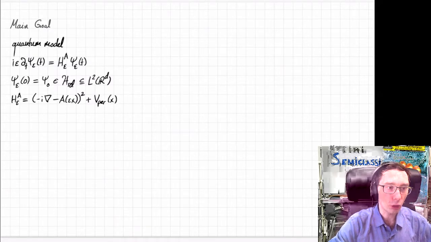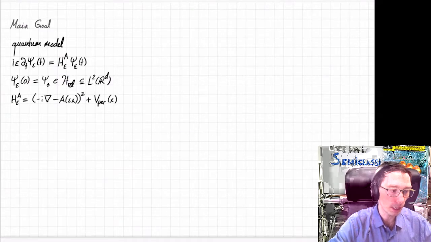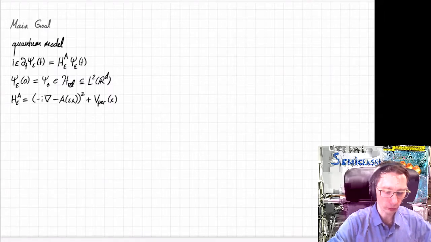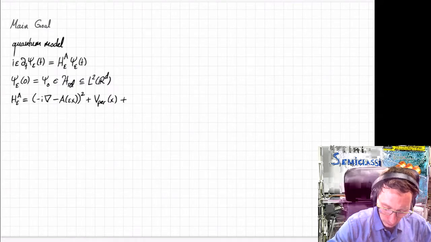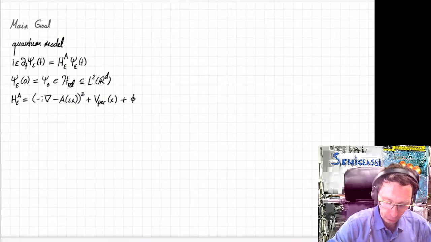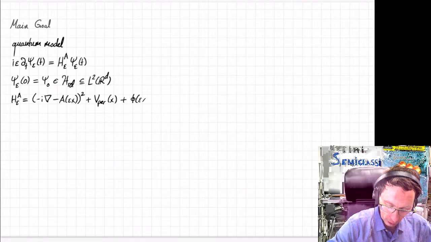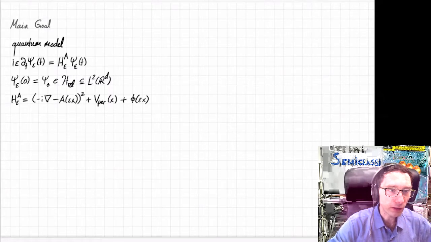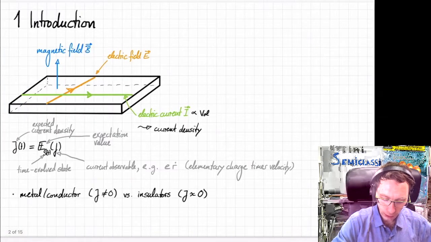Then I have a periodic potential that is due to the atomic nuclei and all other electrons. So this is in the single electron approximation. I'm neglecting electron-electron interactions. And lastly, I have to add an external, meaning slowly varying, electrostatic potential that generates the electric field E here.